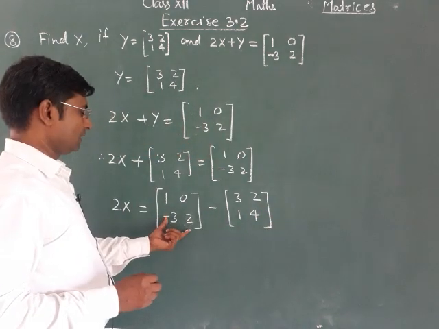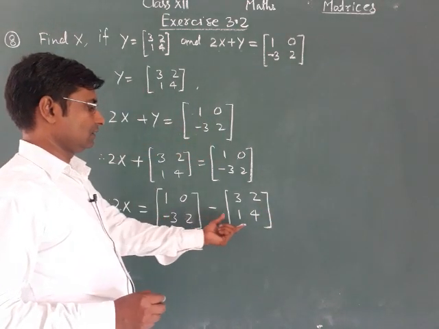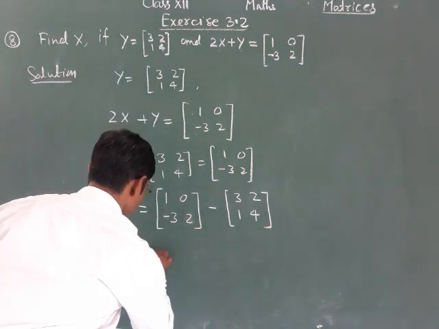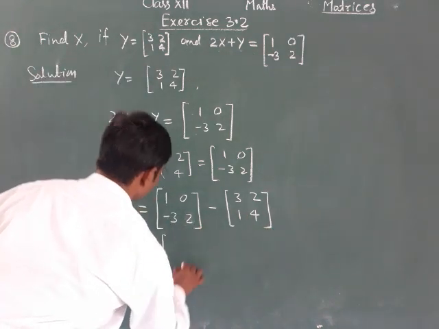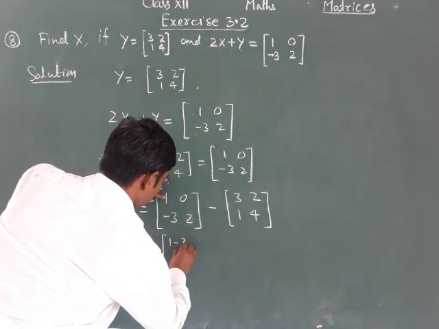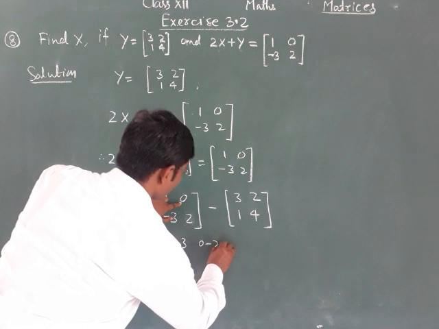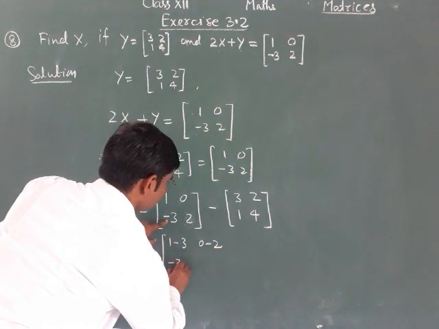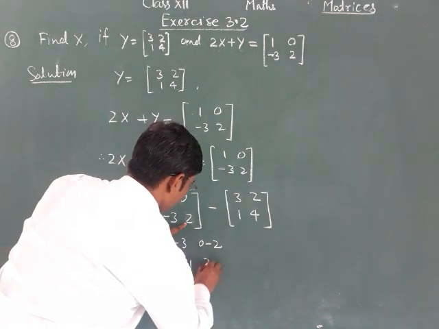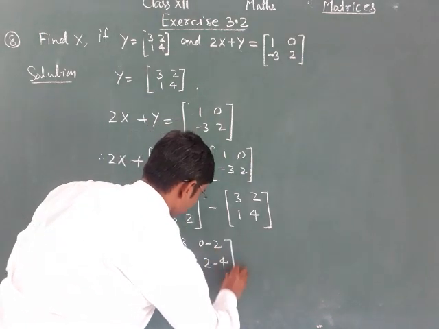The order of both matrices is 2 by 2, so the matrices are subtracted: 1 minus 3, 0 minus 2, minus 3 minus 1, and 2 minus 4.